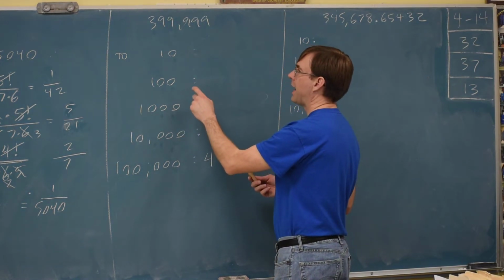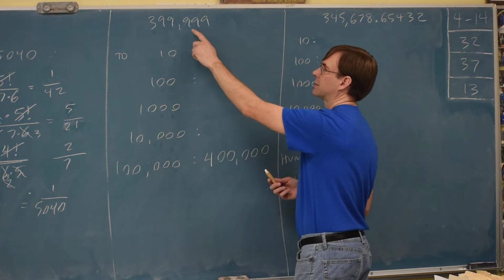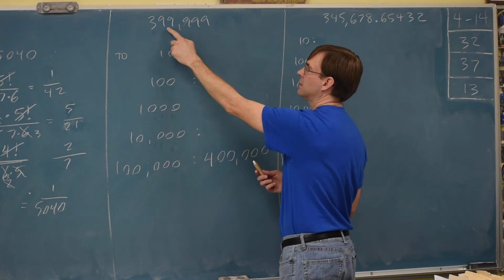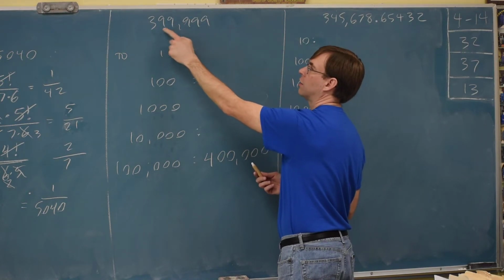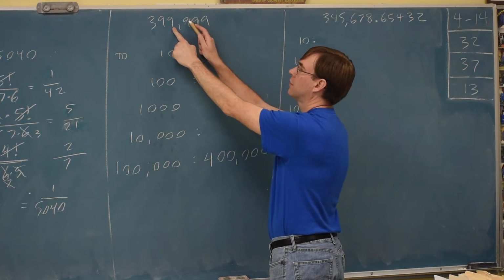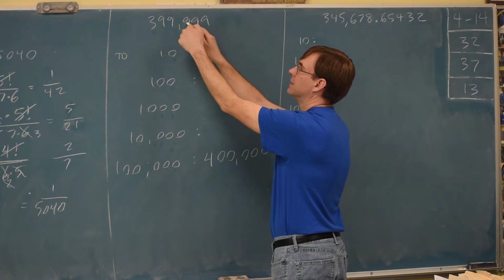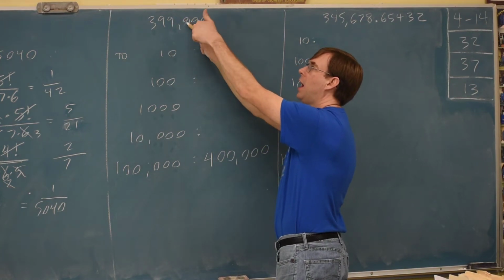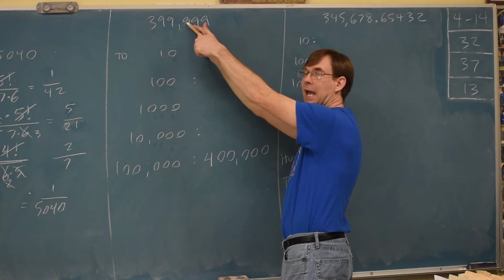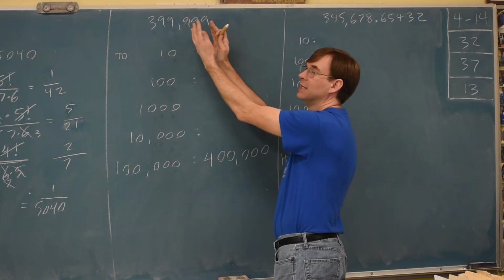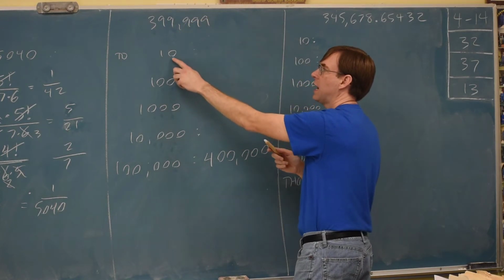But if I go to any of these other places, any of these other positions, when you look to the right, the 9 is enough to try to bump up anything from 9 to 10, and you can't fit 10s into these places. You're going to have to do some carrying.